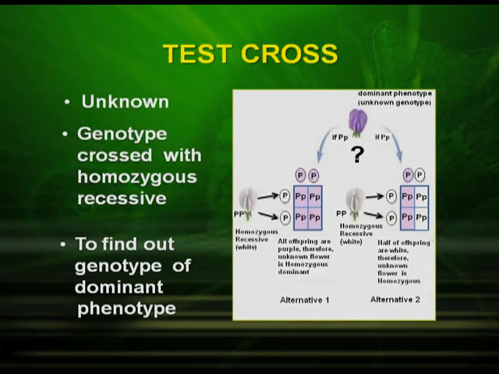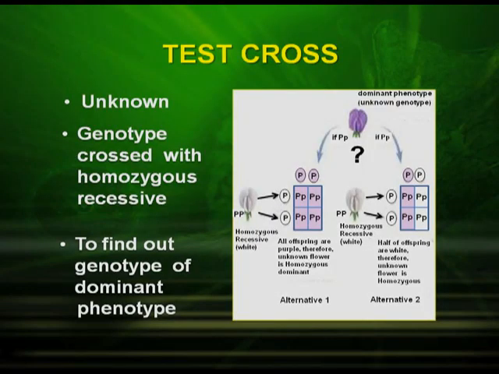Now we have to find out whether this phenotype exists in heterozygous condition or homozygous condition. Now to test this, we cross the white flower with purple flower, first with a homozygous condition and the next with a heterozygous condition. Now let us see what happens.